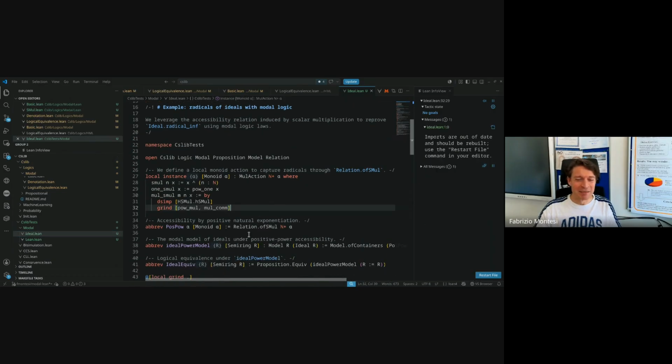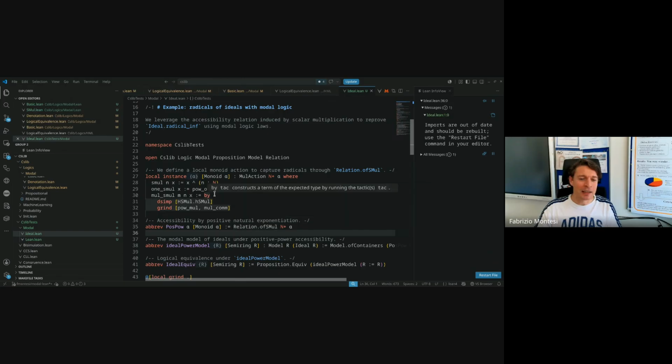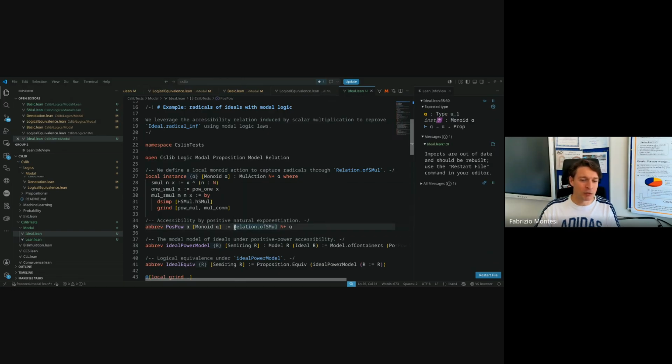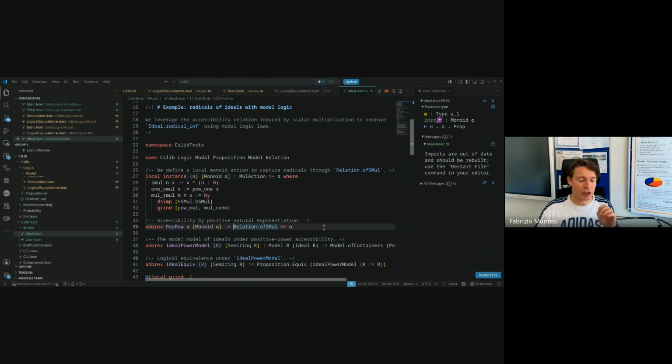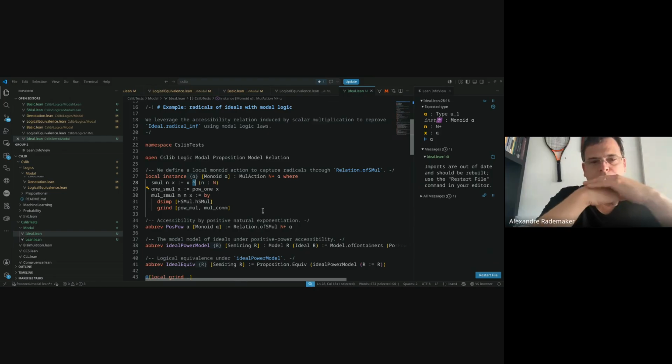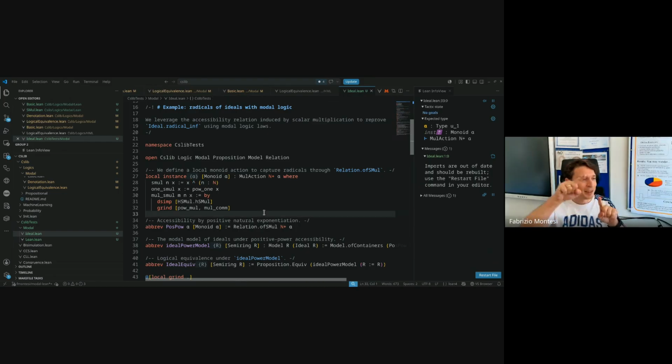Here's an interesting one. This is what I've shown you, but where I define the relation on a specific scalar multiplication operation, which is exponentiation. So x reaches y in the relation if you can do x to the power of something, whatever it is, and the result is y.